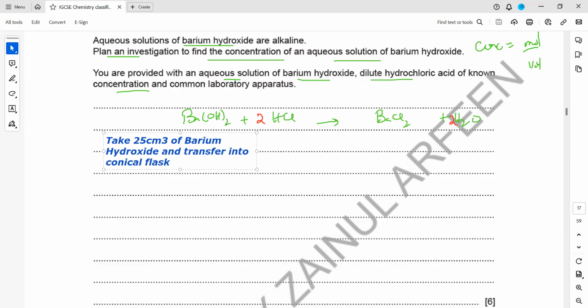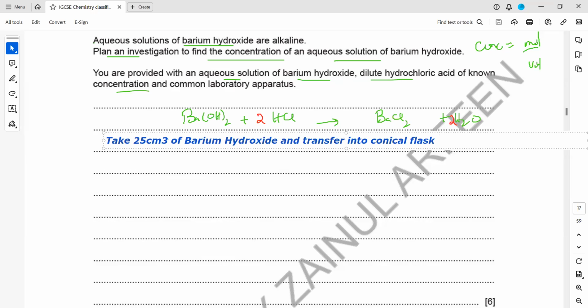How can we transfer this 25 cm cube of barium hydroxide into a conical flask? Which apparatus can we use here? By the help of a pipette. You can mention a measuring cylinder, but the barium hydroxide, it's alkaline, aqueous barium hydroxide is there.